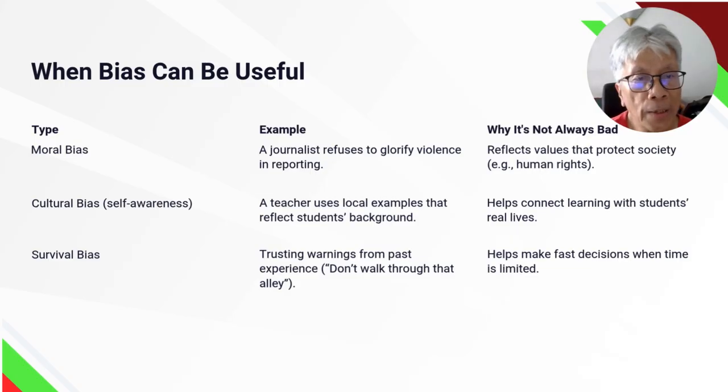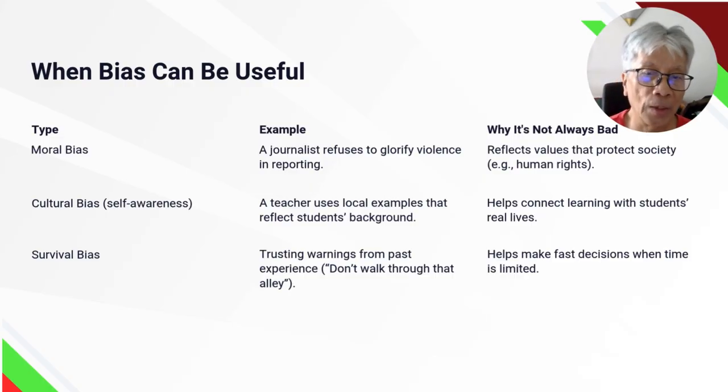When bias can be useful, look at the moral bias, for example. A journalist refuses to glorify violence in reporting, for example, just mentioning numbers of casualties. That's not bad, because that reflects the value that protects society or human rights.